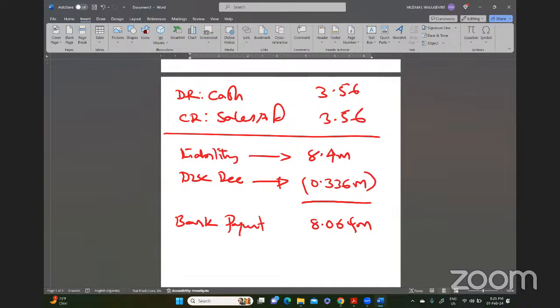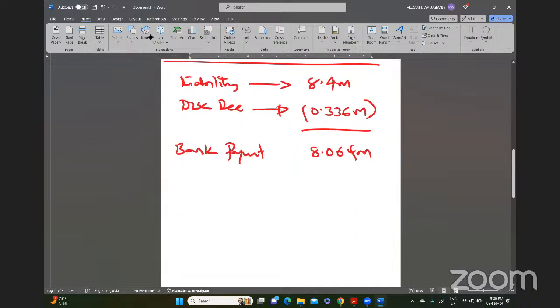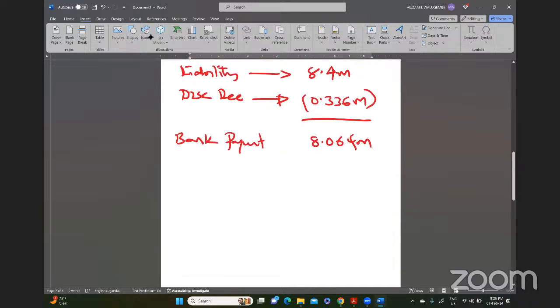Okay. So what are our double entries in this particular case? We are crediting bank because we are losing money in the bank. So we are going to credit bank. How much? 8.064 million, because that is the actual money that we are parting with, isn't it?